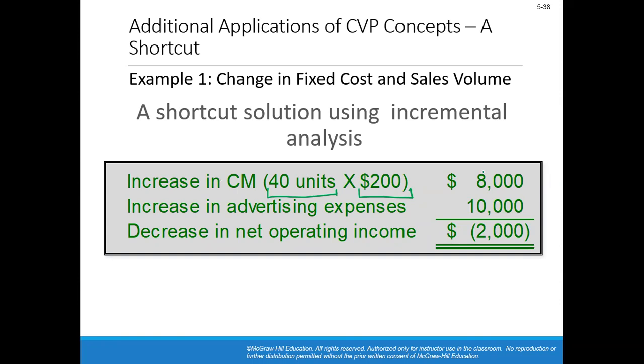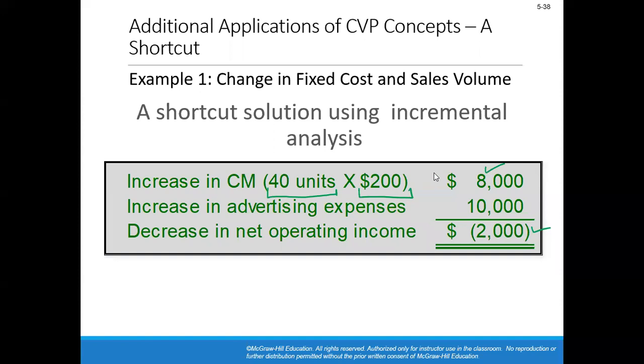So our contribution margin is going up by 8,000 for the increase of sales from 500 to 540. At the same time, our incremental fixed expense is positive 10,000. If we subtract the increase of advertising expenses from the contribution margin, the change in profit is 2,000. This is the same thing we solved in previous slides, and this is how we can make an incremental analysis.